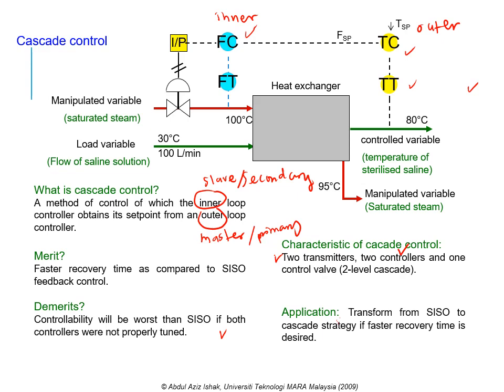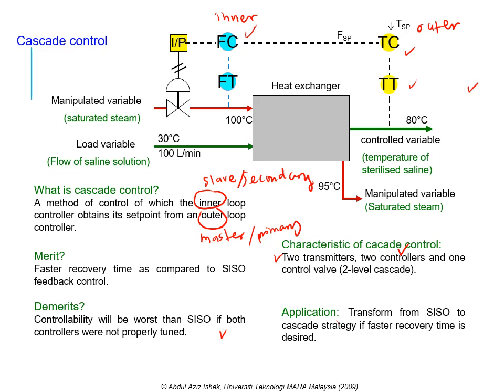For example, changing cooling water flow rate to control condenser pressure, or changing steam flow rate to control heat exchanger outlet temperature. In both cases, a flow control loop should be used as the inner loop in a cascade arrangement.